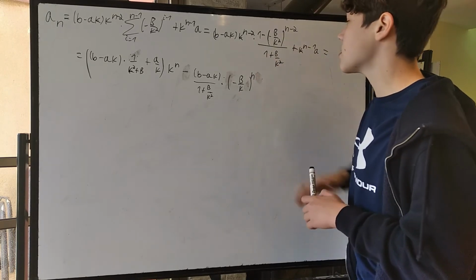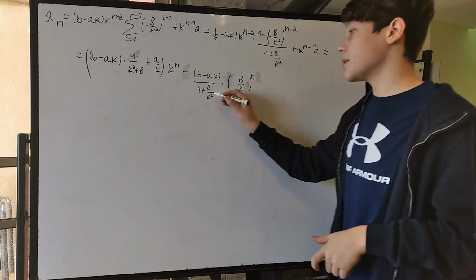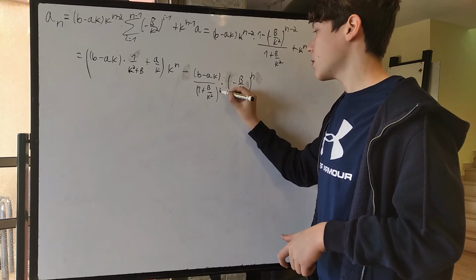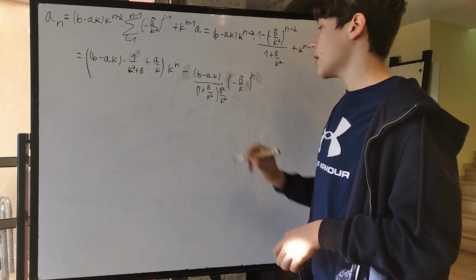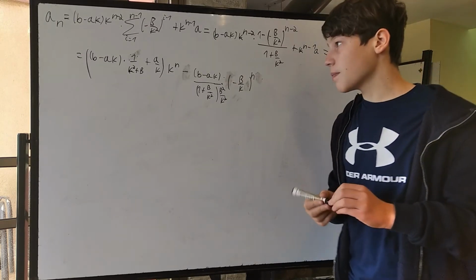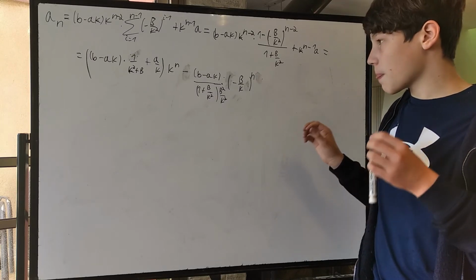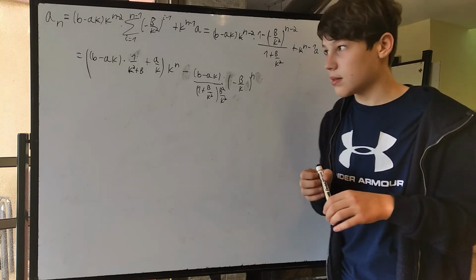So this minus 2 disappears, and so I'll multiply here by b squared over k squared. And now this should be it. But now here comes the stuff that is a bit tricky to understand.